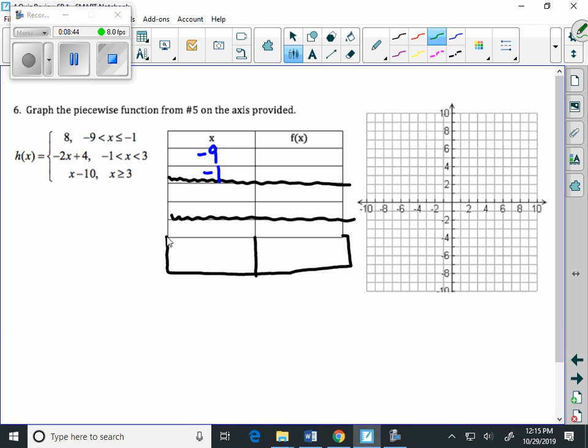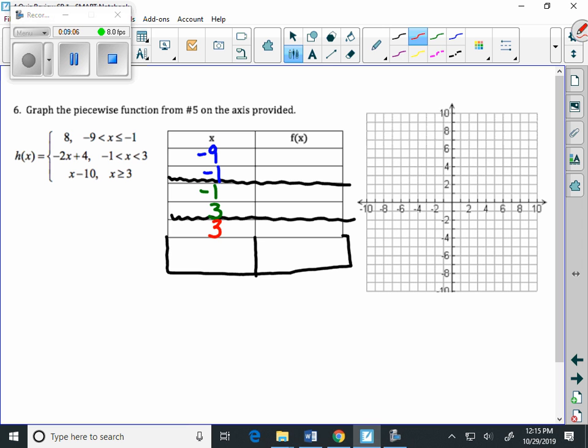On our second piece, the middle piece, we're going to use the values -1 and 3. And on our last piece, we're going to use 3 and something greater than 3. I recommend that you don't use 4.